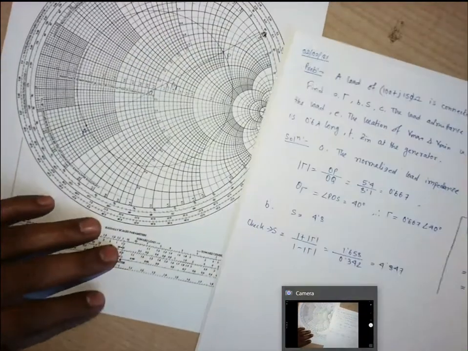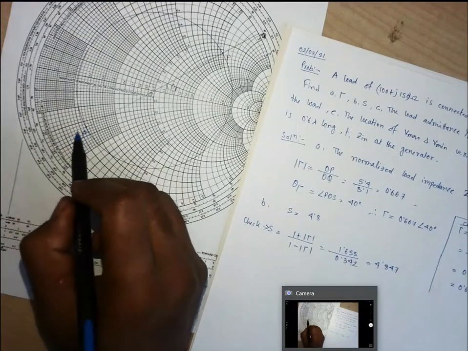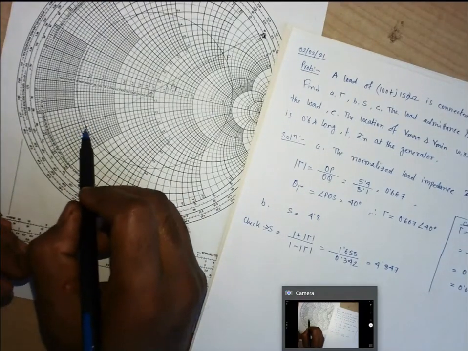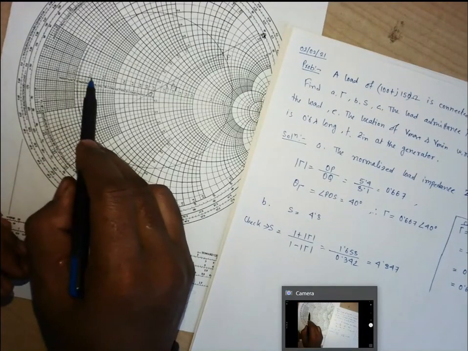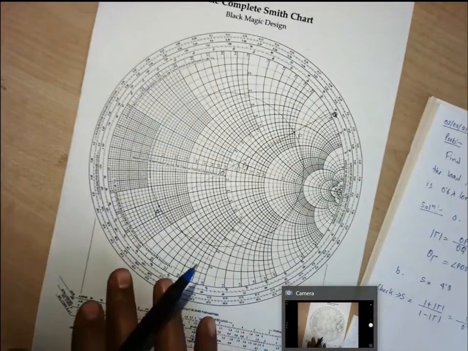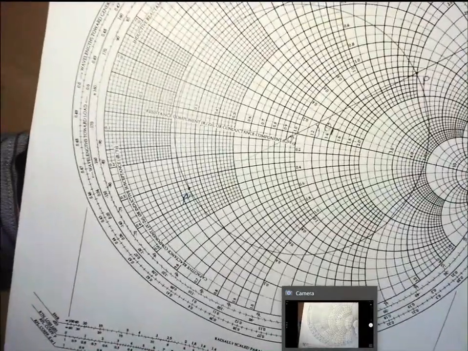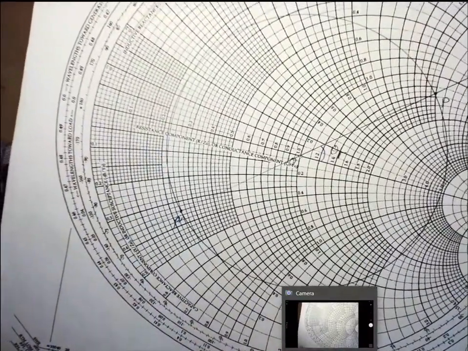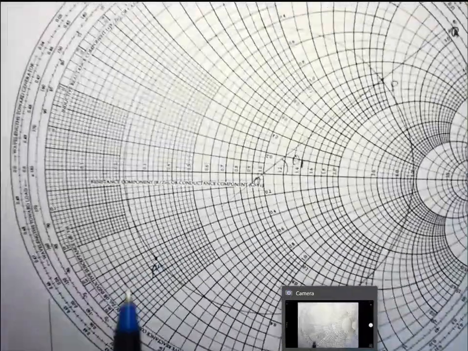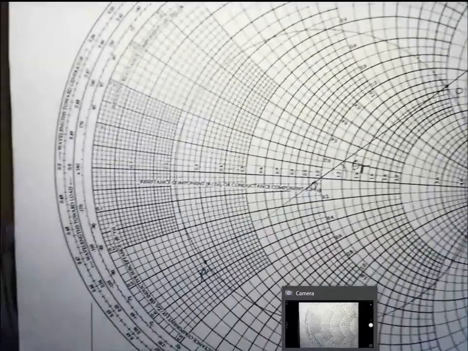At this point we need to go with the circle. If you see the circle, this is the 0.2 circle and this is the 0.3 circle. I don't know whether it is visible for you.